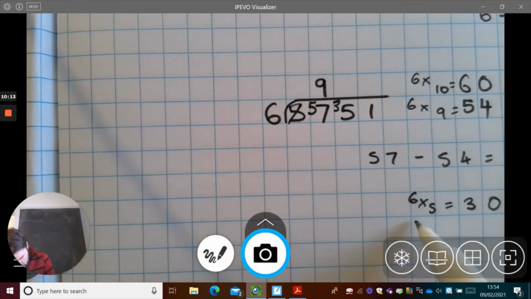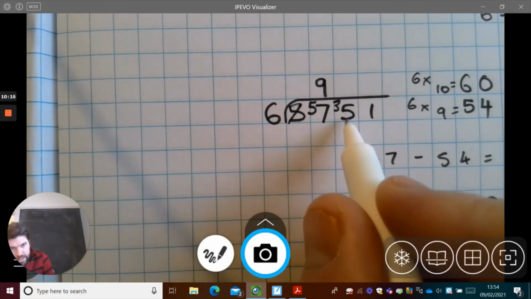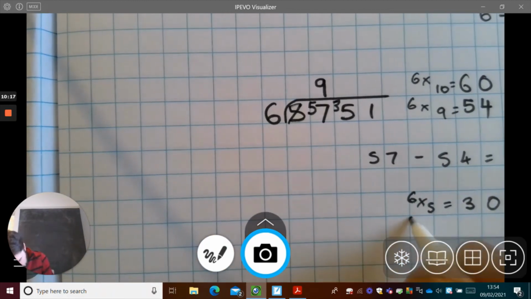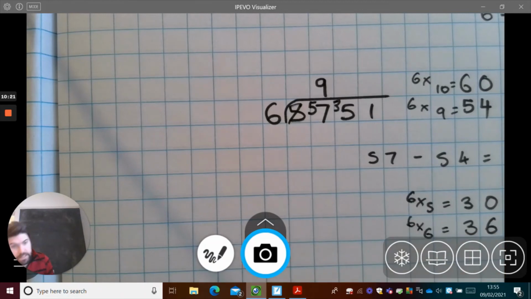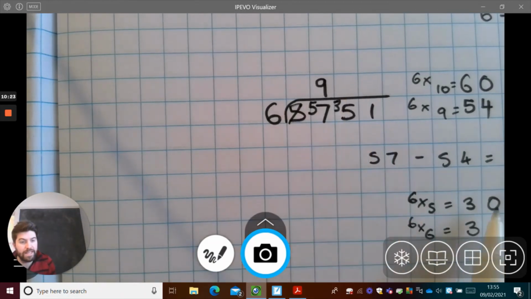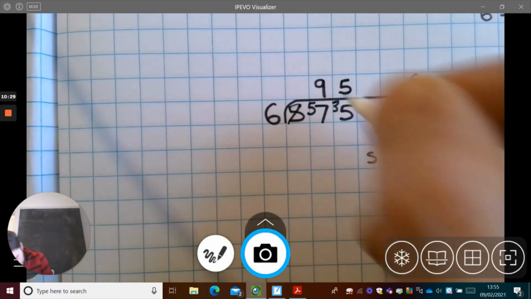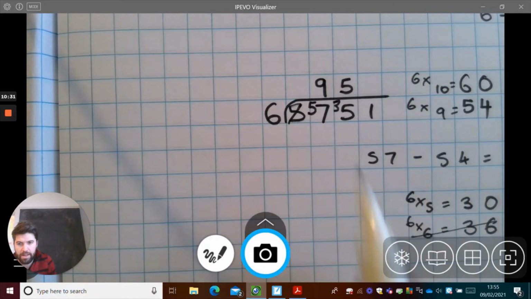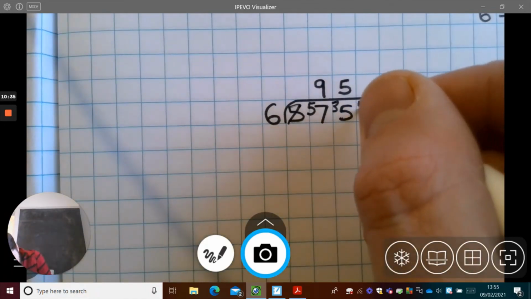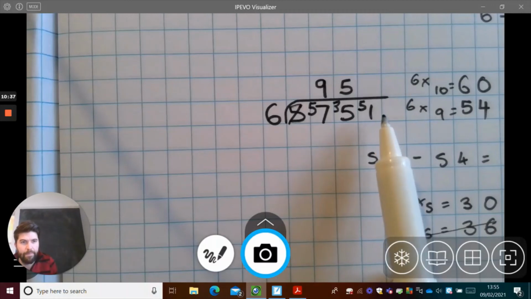It's not quite up to 35, so let me go to the next one. That'll be 6 times 6, so I'll add on 6 is 36. 35 here, 36 here. So this is too big, I can't use that one. I'm going to have to use 6 times 5, so I can make 5. What's the difference then between 30 and 35? If I take away 30, it's going to be 5. So I bring a 1 in here.